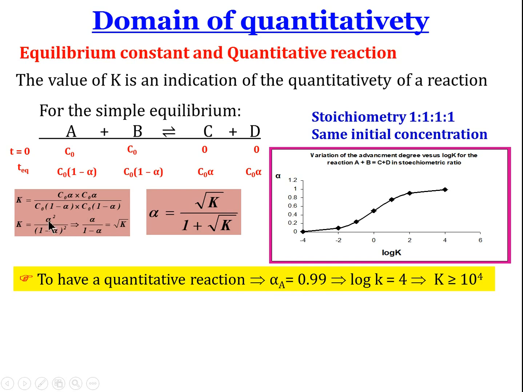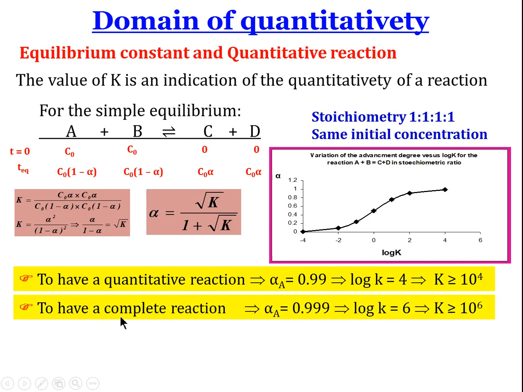Put 0.99 in this equation, you will find that K is greater than 10 to the power 4. And for this reaction to be complete, put the value of alpha greater than 0.999, so K should be greater than 10 to the power 6.